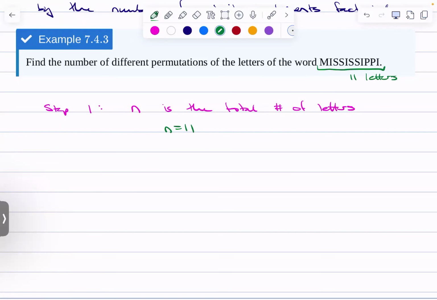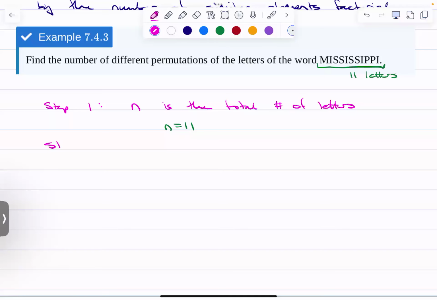Now, you want to count how many of each letter there are. So step 2, count how many of each letter there are.